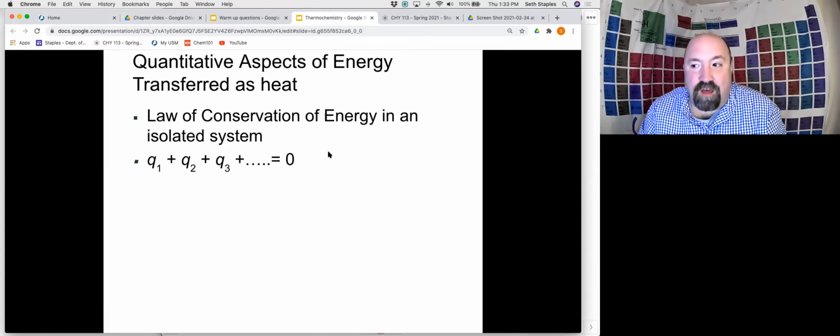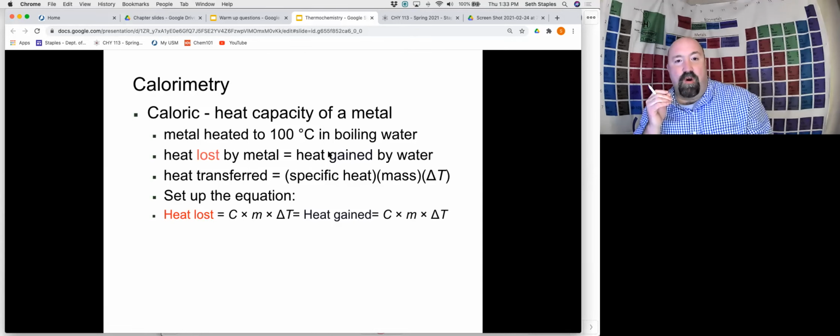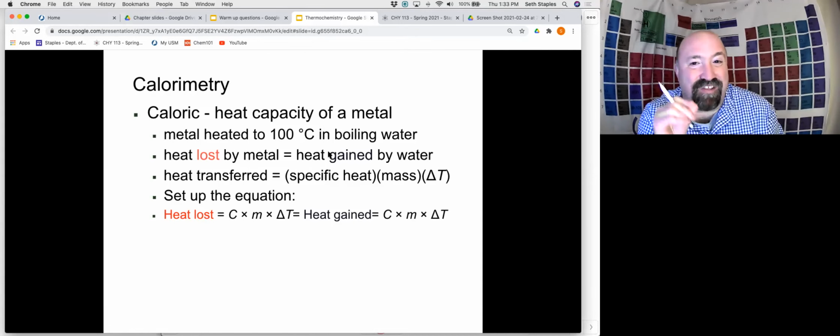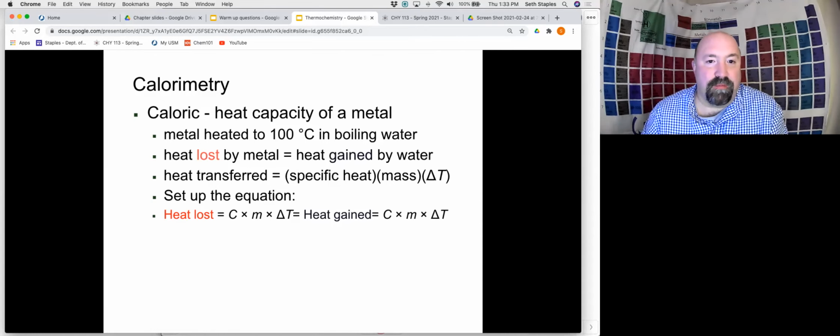And so, like I said, the law of conservation of energy tells us that we can't gain or lose energy. And so the heat that is lost by the metal has to equal the heat that is gained by the water. And so we can set up an equation where the heat lost is going to be equal and opposite to the heat gained.